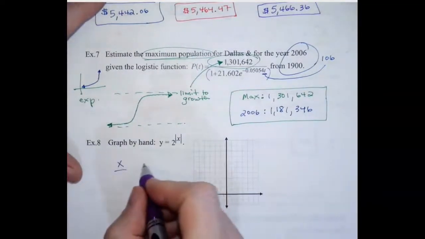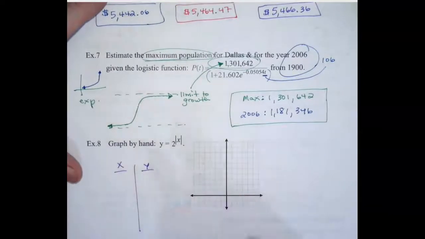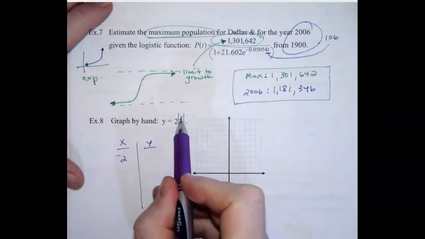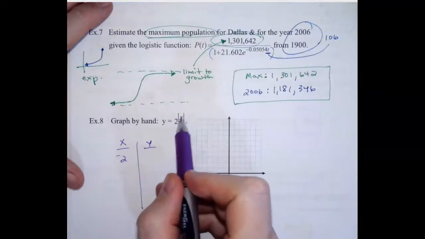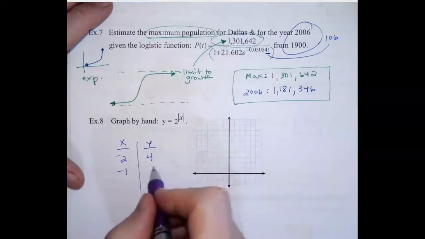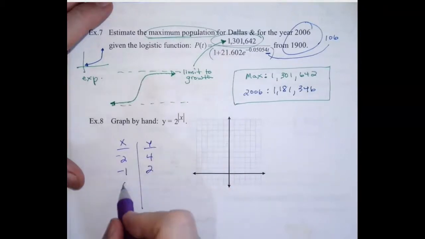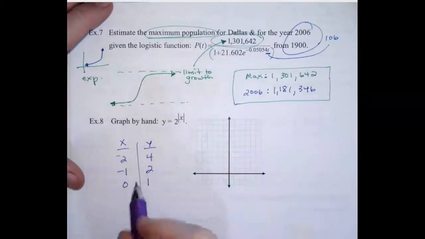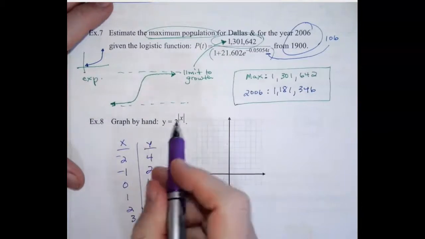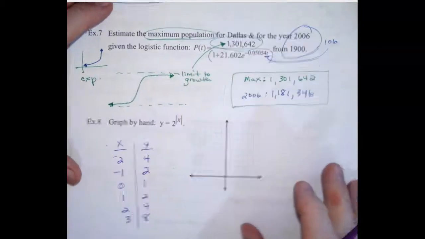And finally, this little graph here, graph this by hand. If you plug in -2, the absolute value of -2 is positive 2, to the second power is 4. -1, that's going to be 2. 0, that's going to be 1. 1, that's going to be 2 again. So we can see 4. Maybe do one more. 3, that's going to be 8.